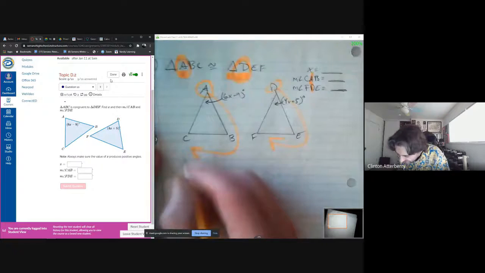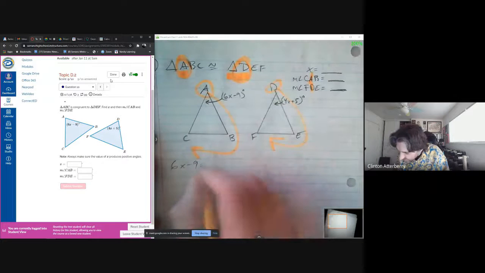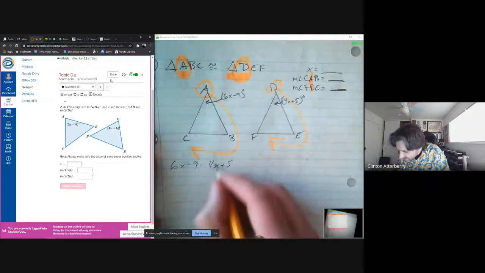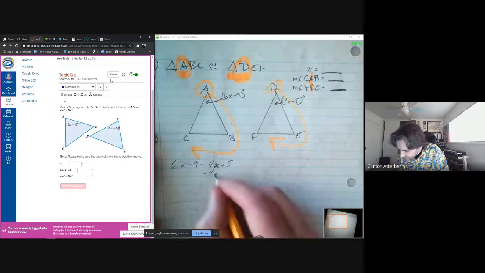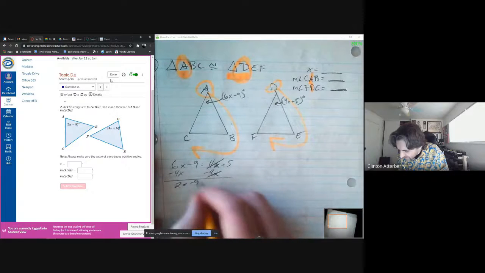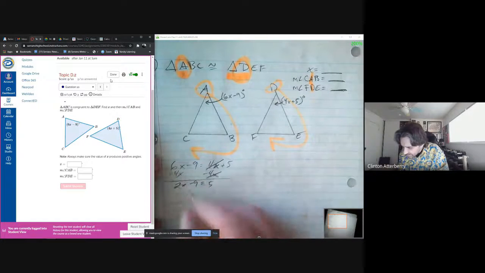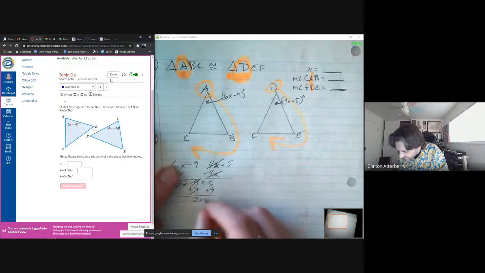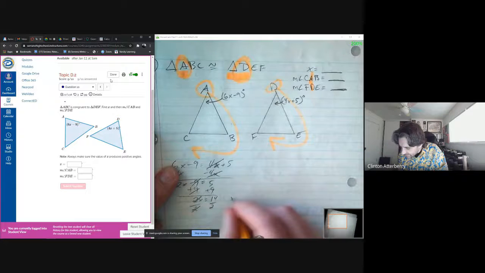Okay, so 6x minus 9 equals 4x plus 5. Smaller number to bigger number. 2x minus 9 equals positive 5. Add 9, 2x equals 14. Divide by 2, and I get x equals 7.